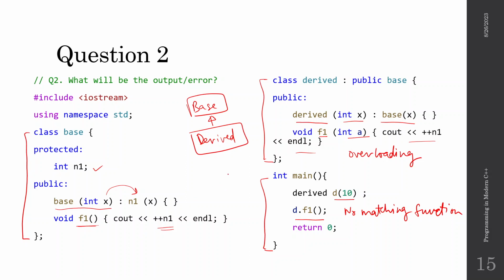But for some strange reason, there is no technical reason behind it, it is just the way the language has been designed. When in a derived class you overload or override any of the functions of the base class, then any of the other versions do not appear. So let me write it down.